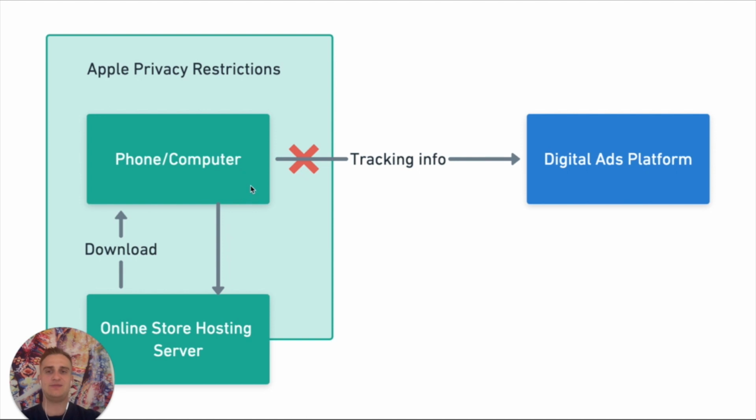And this is the biggest pain of these restrictions, because right now we don't know: this user came to a website, what did he do? Did he add to cart? Did he purchase? Did he subscribe to our newsletter? What did he do? Should we optimize for users like this or not? And this is really painful.